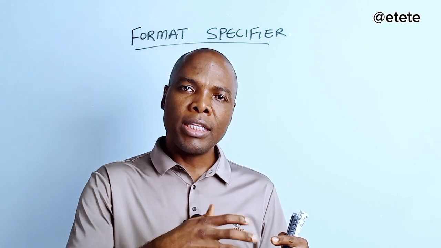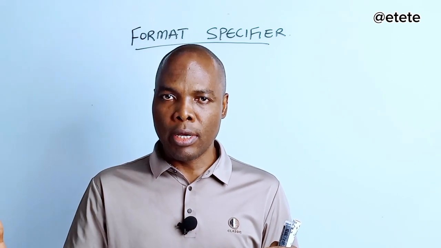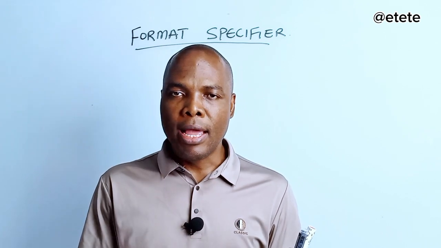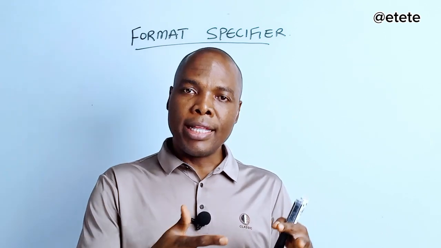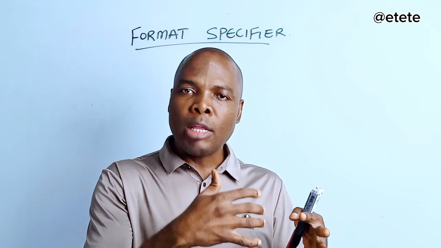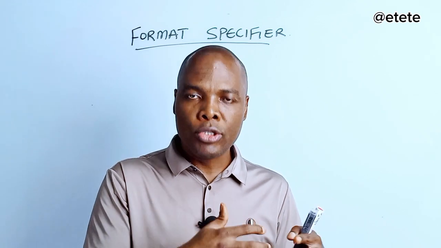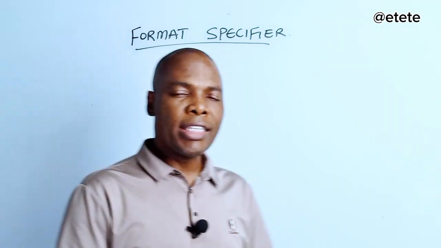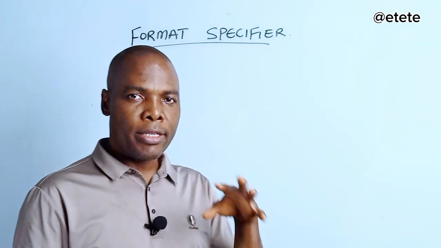But how does data go to these various realms, which are the realms of the data type? How does data move to that? There is a bridge, right? From the output stream or from the input stream, into those various realms. That is actually what you call format specifier.